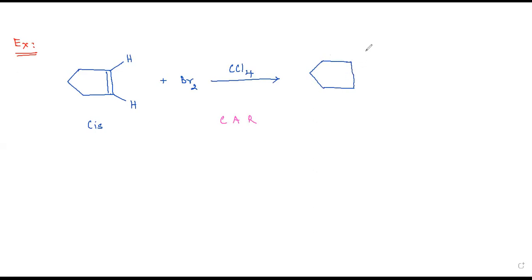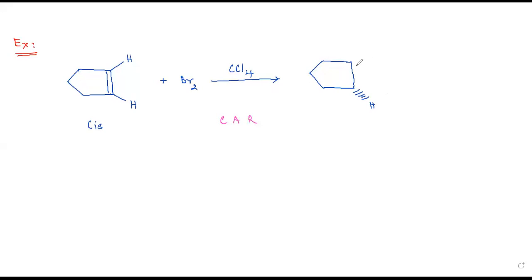You can actually go with both wedge or both dash in case of syn addition, and in this case, because it is anti-addition, one must be with wedge and one must be with dash, right? So let me show you that.